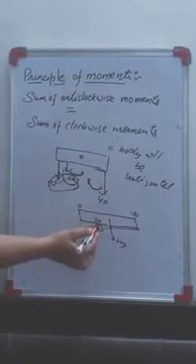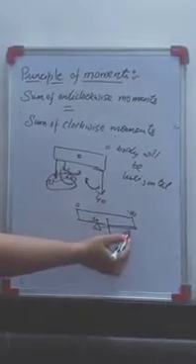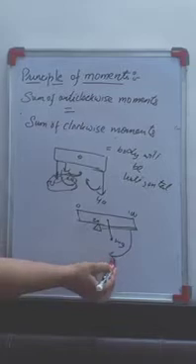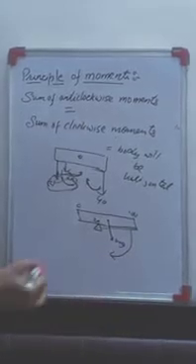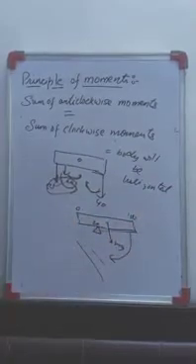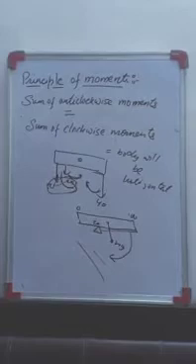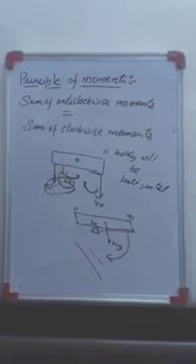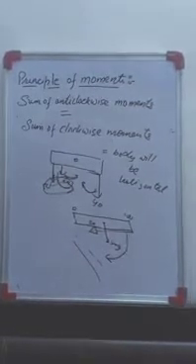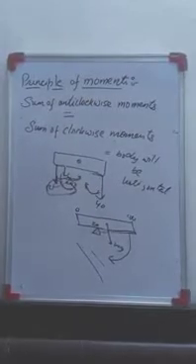But the body is pivoted over here, and as the weight is on this side, the scale will rotate in this direction. So the scale will be like this, and this is the clockwise direction. That means where the weight acts and at what distance determines in which direction the body will rotate.